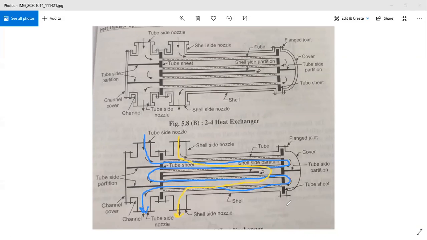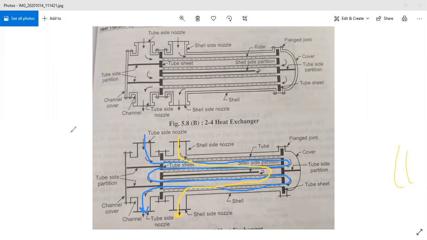Then this shell side fluid and tube side fluid are in indirect contact with each other, and the hot fluid is going to exchange heat with the cold fluid, right? So this is the 2-4 shell and tube heat exchanger assembly.